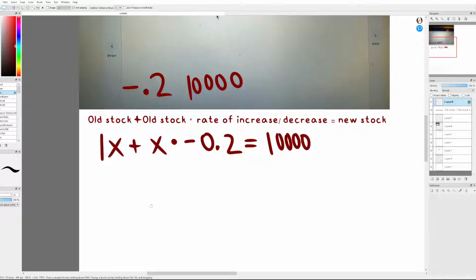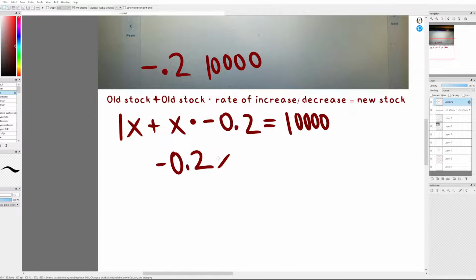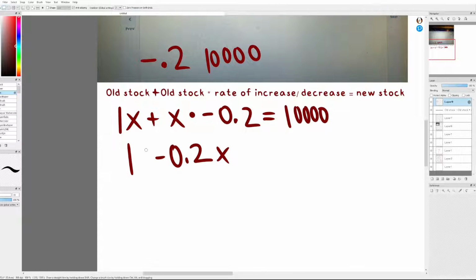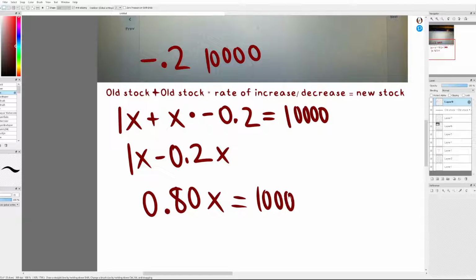There's an implied 1 in front of the x, and this can be written out as negative 0.2x. So what is 1x minus negative 0.2x? And that will give you 0.80x equals 10,000.